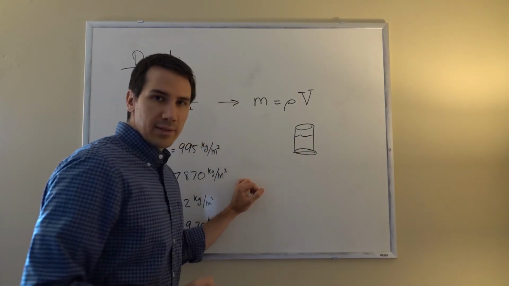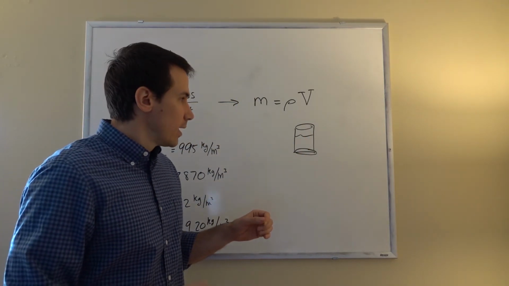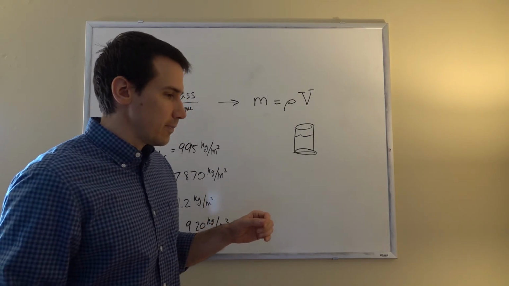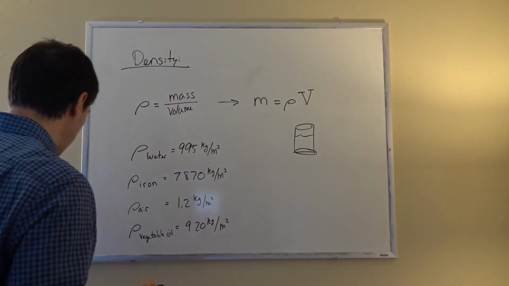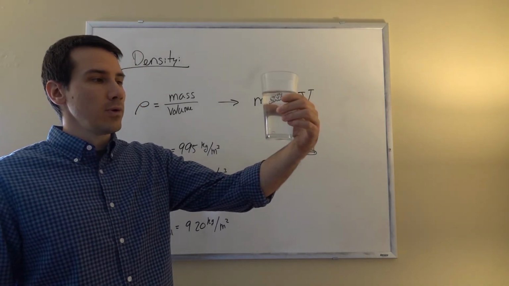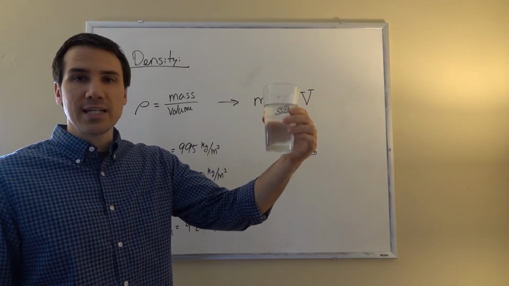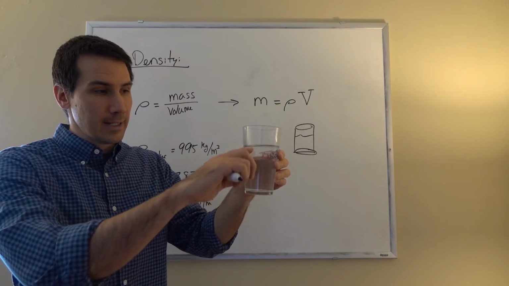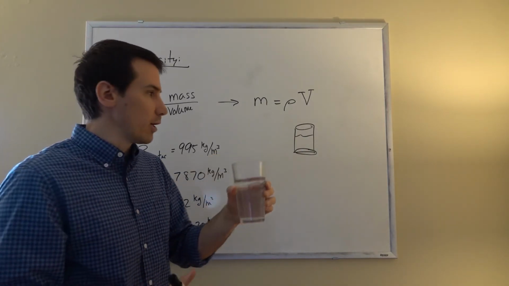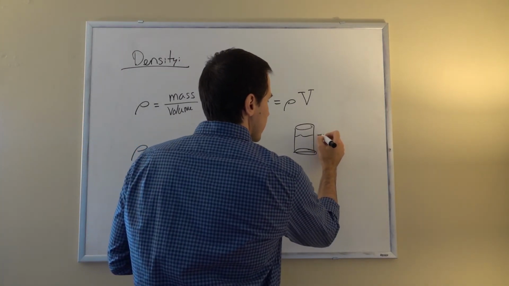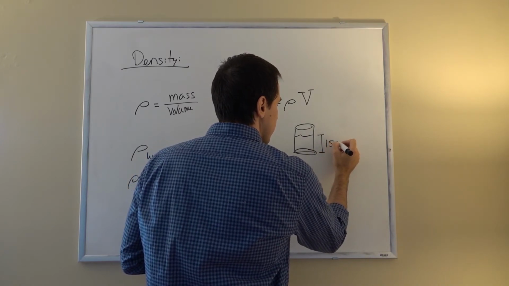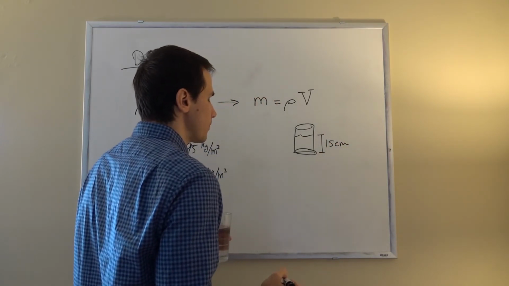The water went up about this high, right? 2/3 of the way up the cup. If I just look at the cup, eyeballing it, I am going to say that that is about 15 centimeters between the bottom of the cup and the water level. So we're going to call this distance 15 centimeters.